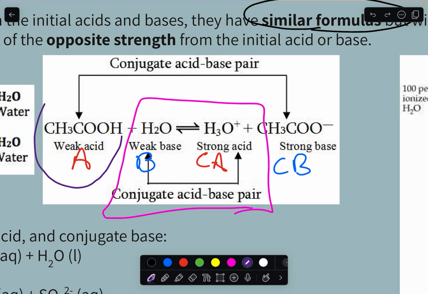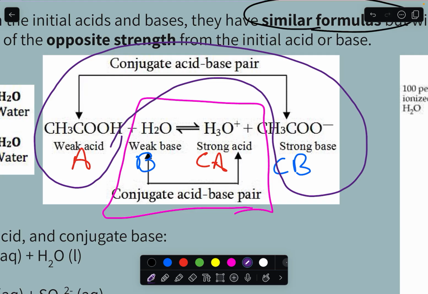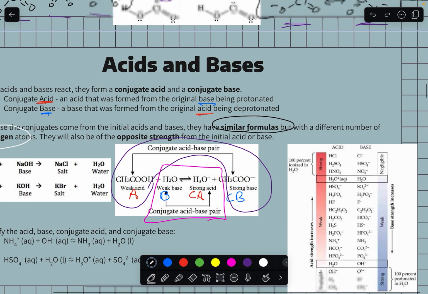Our other pair, CH3COOH and CH3COO minus, it's just that last hydrogen that's missing. So it's also a pair. Notice how the pairs have one weak, one strong. So a weak acid becomes a strong base, and a weak base becomes a strong acid. Okay. So that's what the conjugates are, it's just the pairs that go together.